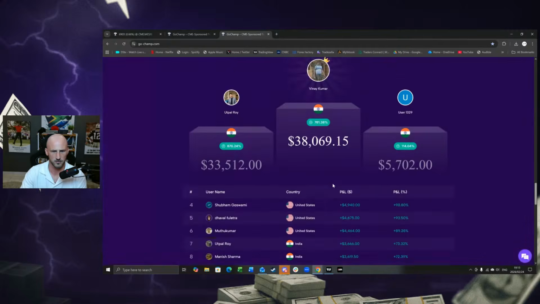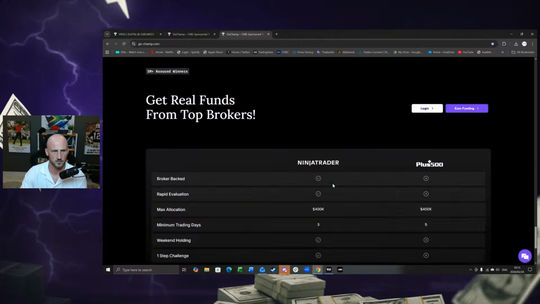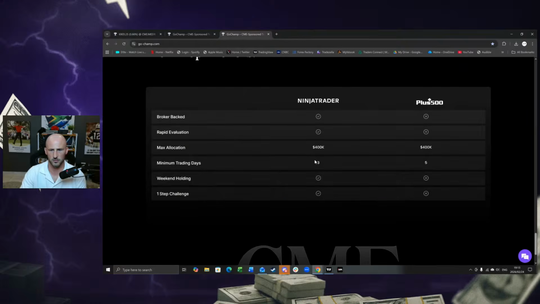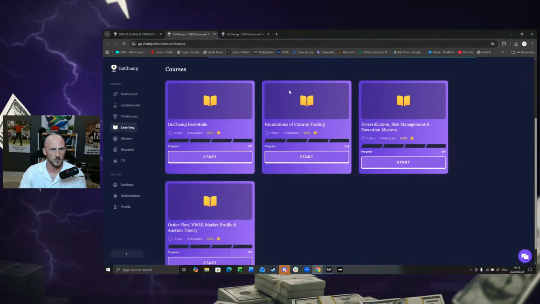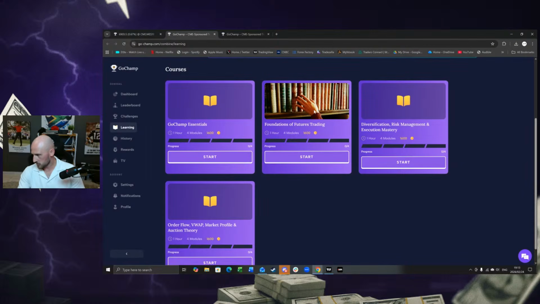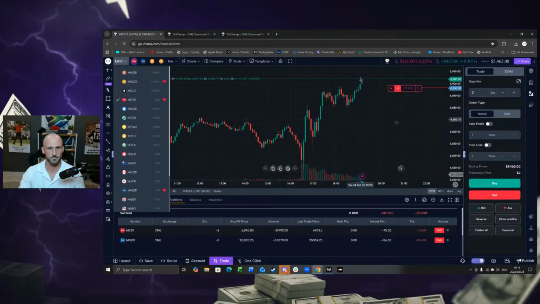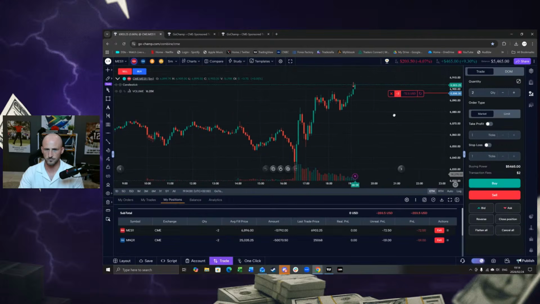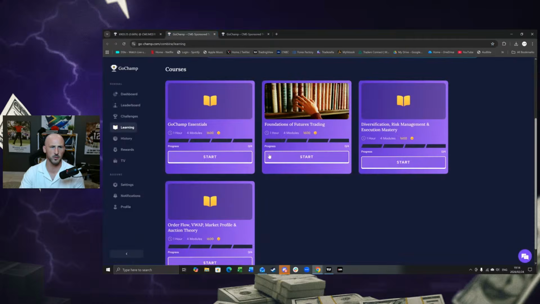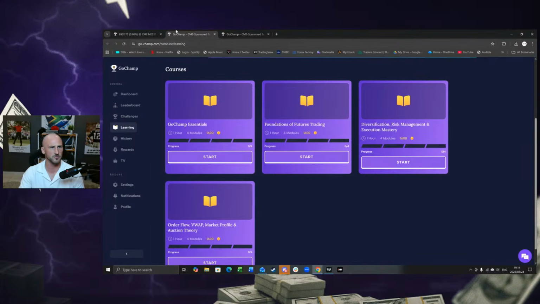Let's have a look. Yeah, so you get all the rules over there, as well as the education. No, this is only specific to CME instruments and only macros. Yep, so only macros and only CME instruments. So your futures contracts, and you probably will get that all here in the foundation of futures as well.